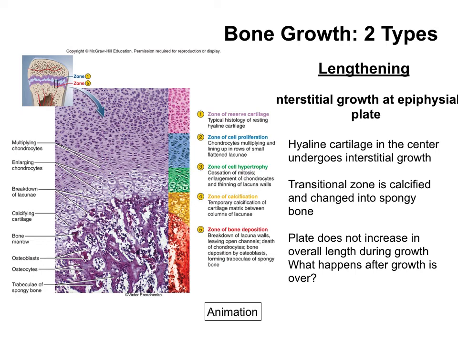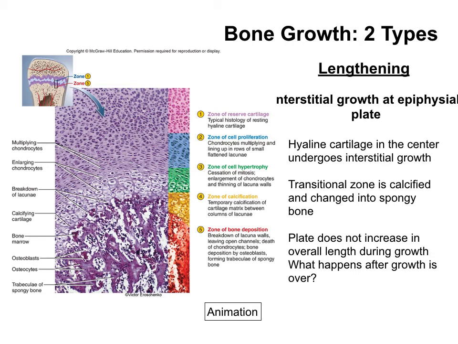Now, the hyaline cartilage in the center of the epiphyseal plate undergoes continual interstitial growth. The growth inside this plate is going to create the growth in length because as the cartilage expands, it's going to push the epiphysis farther away from your diaphysis.